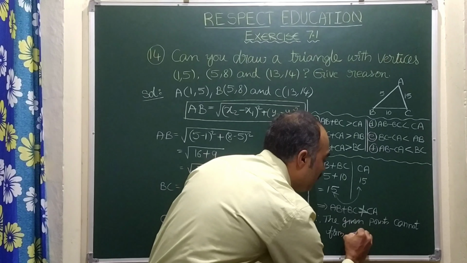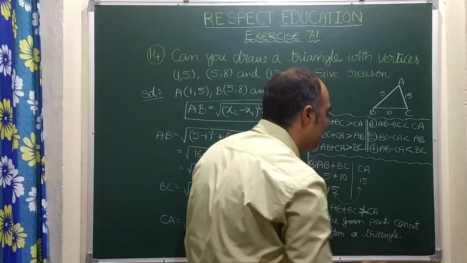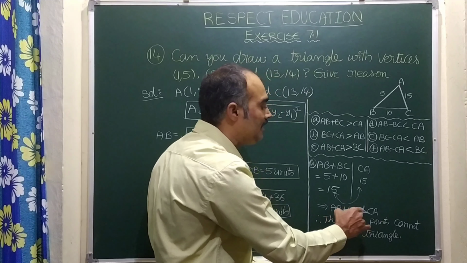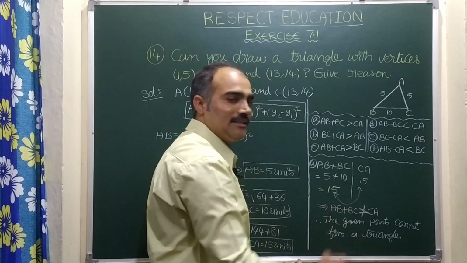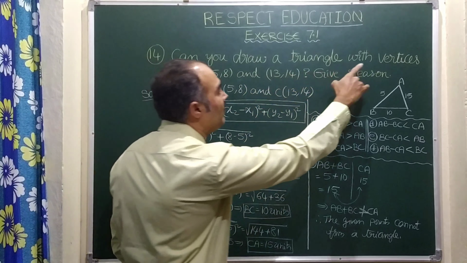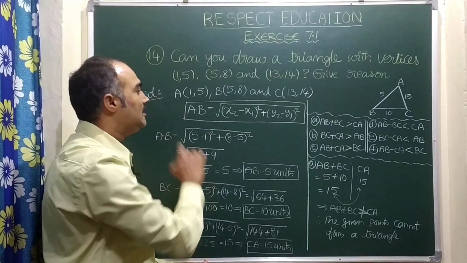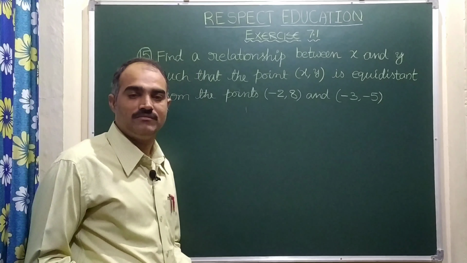They cannot form a triangle because this first condition doesn't get satisfied. So these points cannot be the vertices of a triangle. Give reasons, this is the reason. So with this, the 14th problem gets completed.